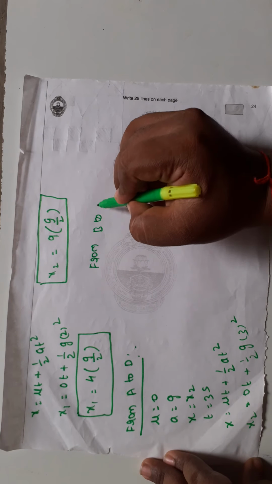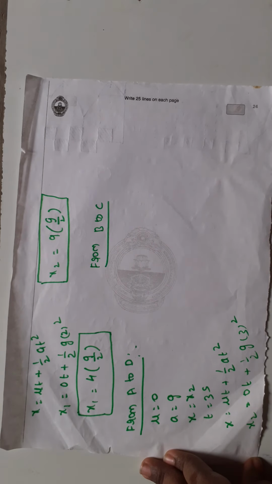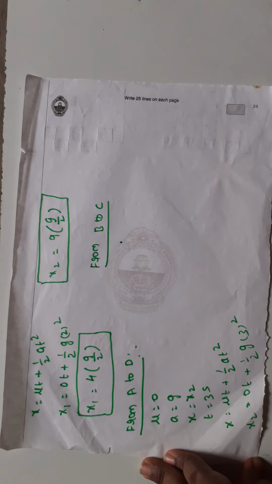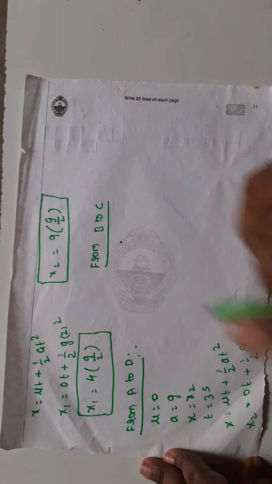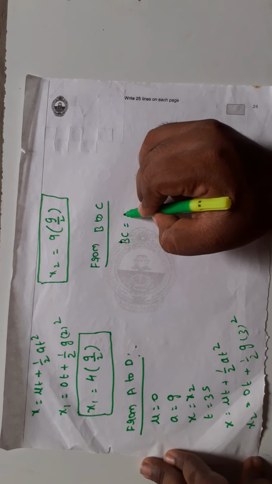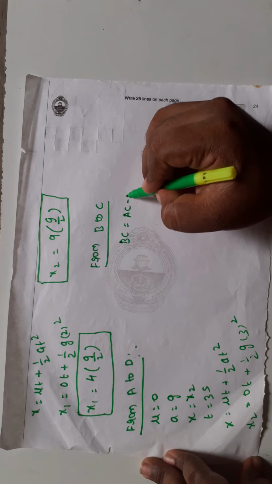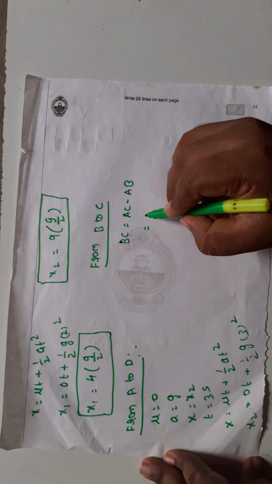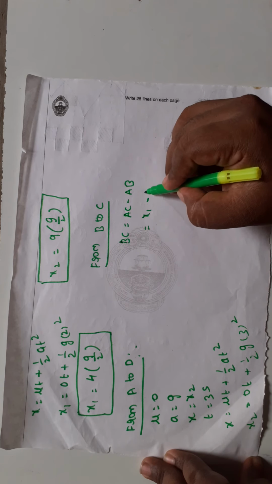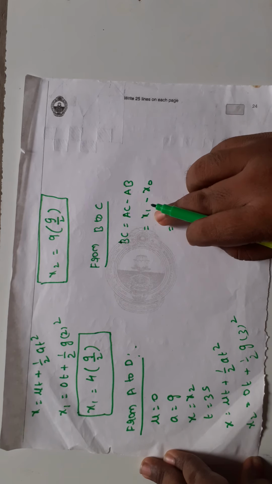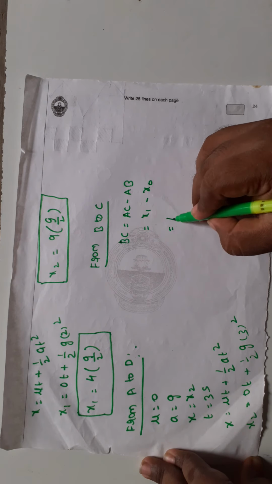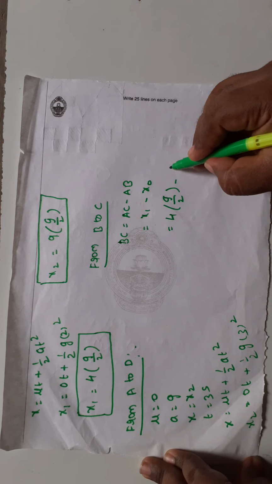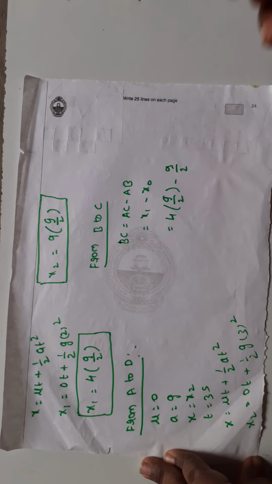So BC equals AC minus AB. AC distance is x1 minus AB distance x naught. What is the value of x1? 4 into g by 2 minus x naught value. x naught value is g by 2.